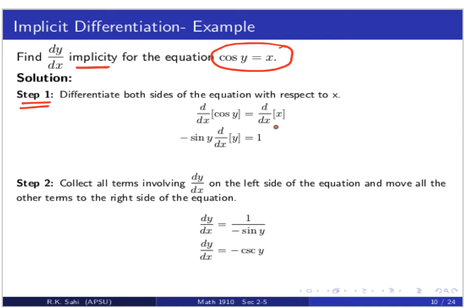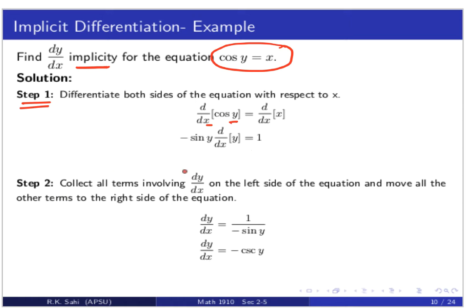The right side is pretty simple, it's simply a 1. Whereas for the left, remember cosine of y: the x and y are not agreeing, so that means a chain rule. The outer function is cosine, the inner is y. So the differential of cosine is negative sine y times the differential of the inner function, which is y.